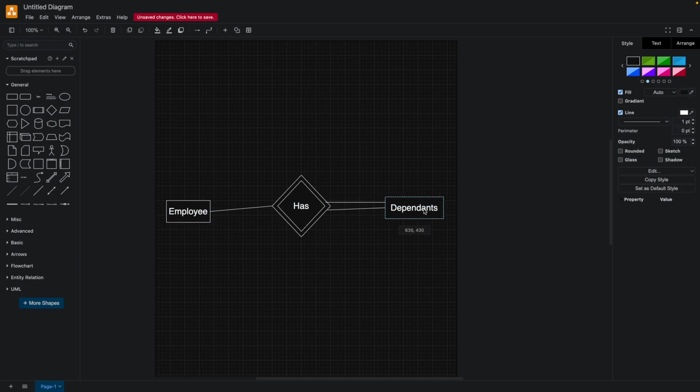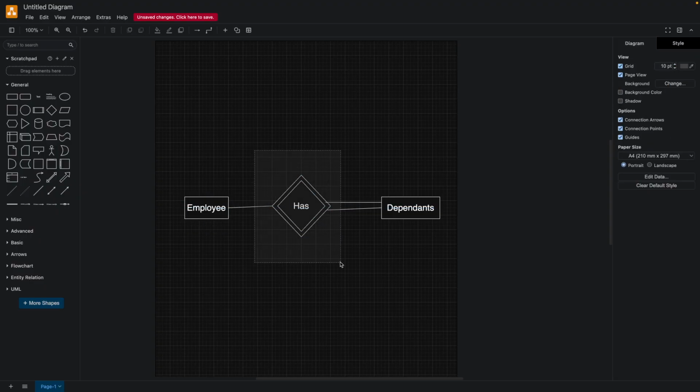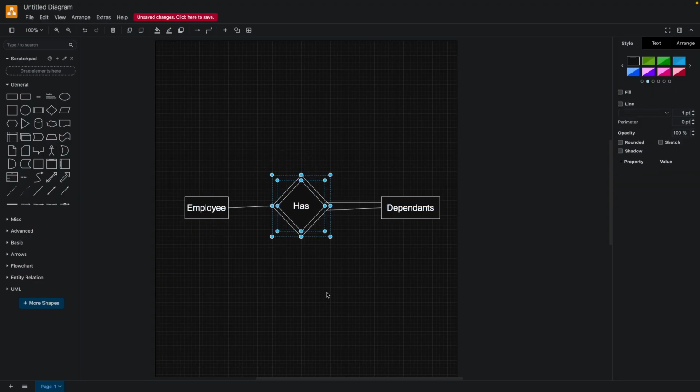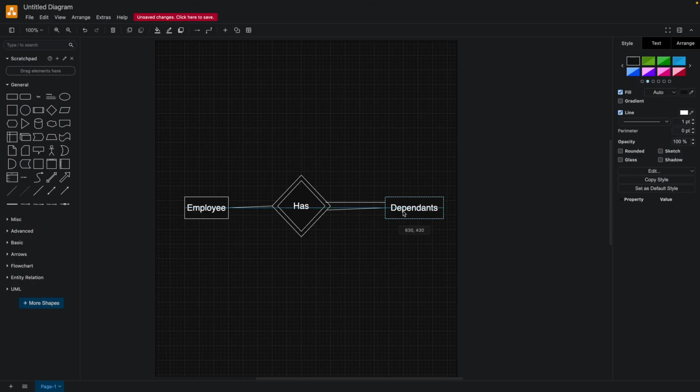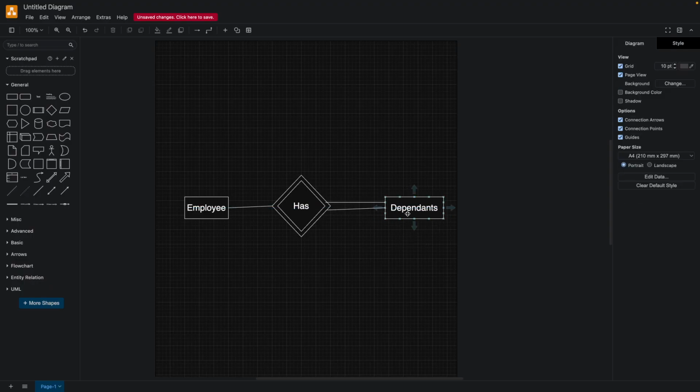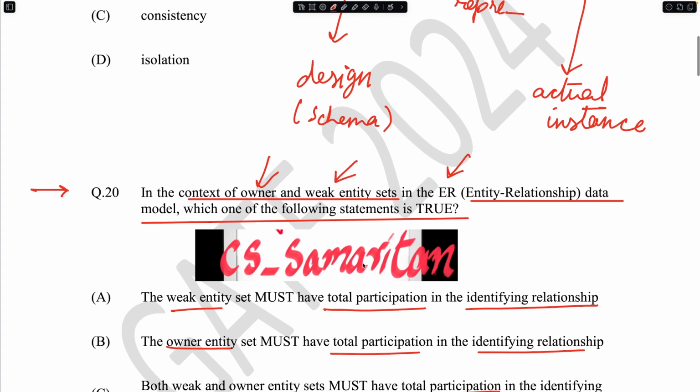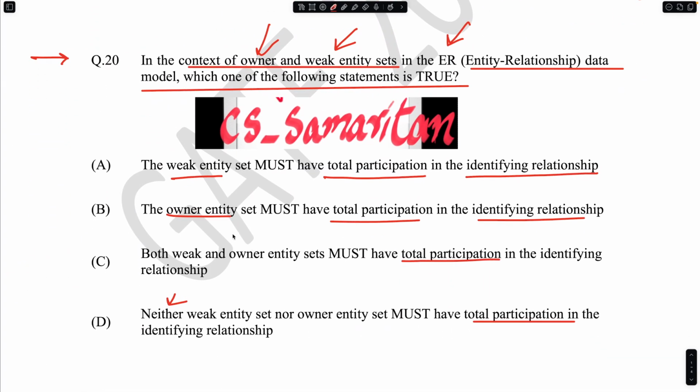We are only representing that this kind of table is present. The employee has an identifying relationship, the has relationship with the dependents, right? And these two lines in your ER diagrams represent total participation, right? I do hope that this is very clear, and with that clear understanding, we can directly judge which statements are correct.